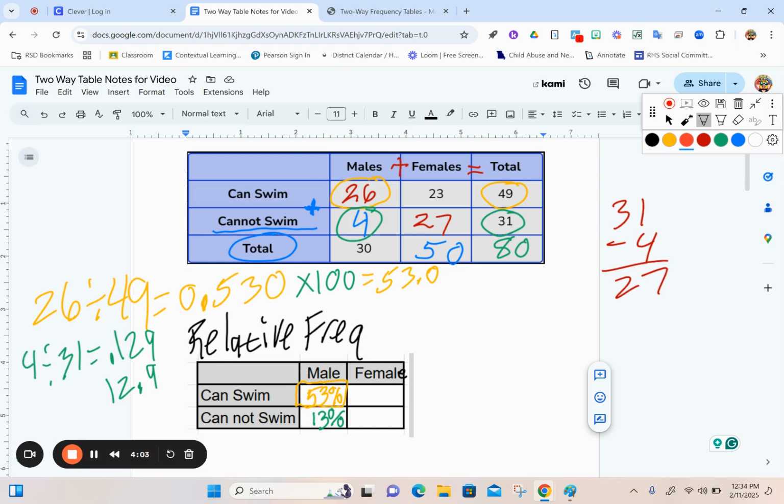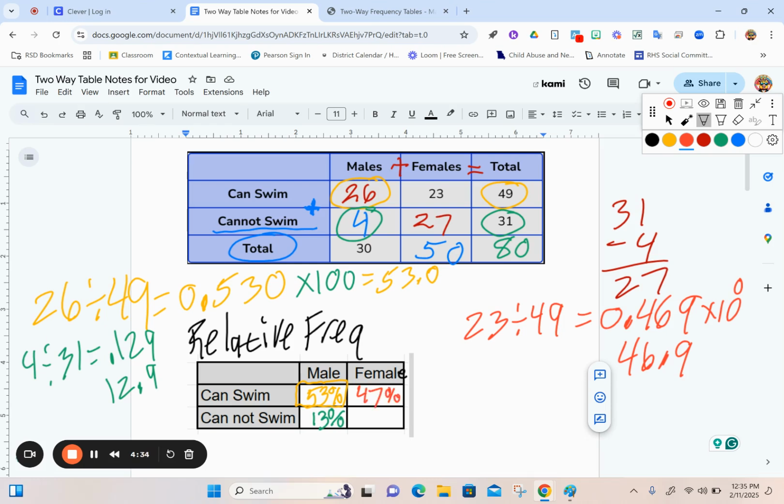We're going to take 23 divided by 49, and we're going to get 0.469. Then I'm going to take that times 100. Sorry, it's running off. So 100, and that's going to give you 46.9. So this is going to be 47%.